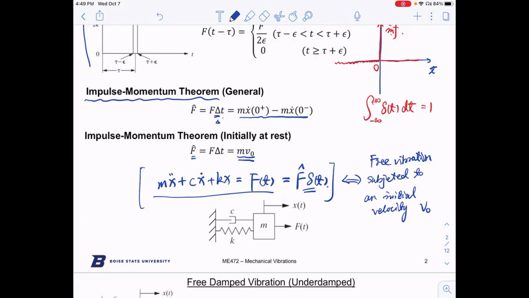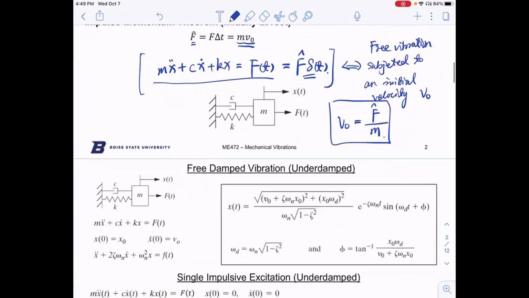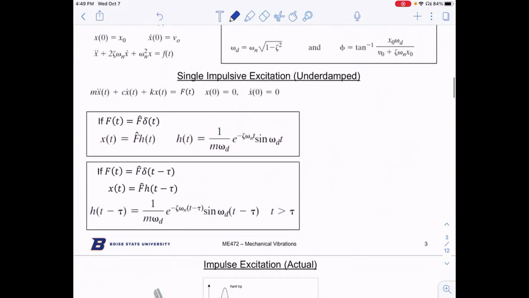This initial velocity is related to the impulse amplitude divided by the mass. We got this equation from the impulse momentum theorem. In other words, a system subject to impulse excitation is equivalent to a system subject to an initial velocity. We're going to learn how it looks.